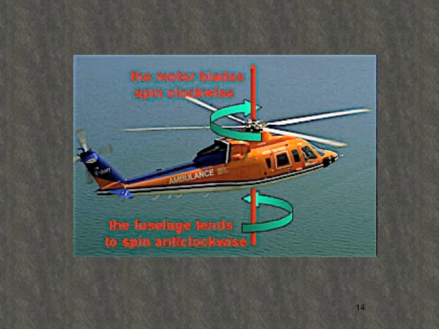Another example of angular momentum. When the helicopter's propellers start spinning faster and faster, the body of the helicopter should rotate the opposite way by conservation of angular momentum. There are no external forces, therefore no external torques on the helicopter, so the angular momentum of the helicopter should be constant. If the angular momentum of the propeller blades increases, then I have to have an opposing angular momentum in the opposite direction.